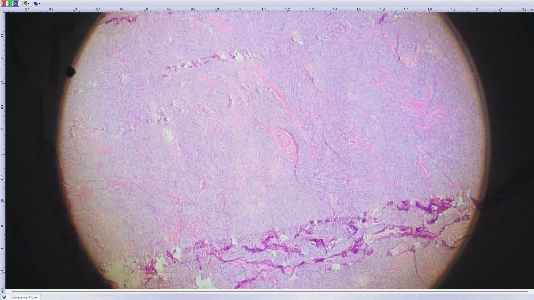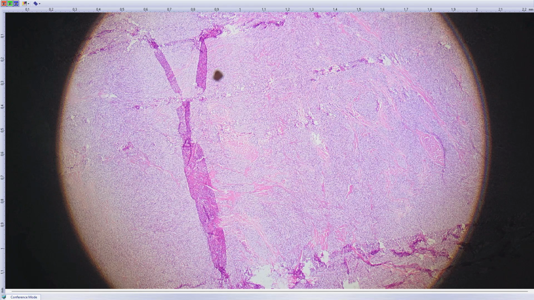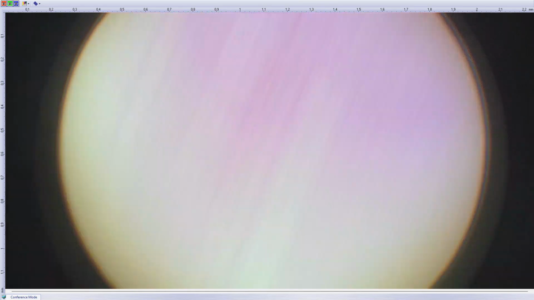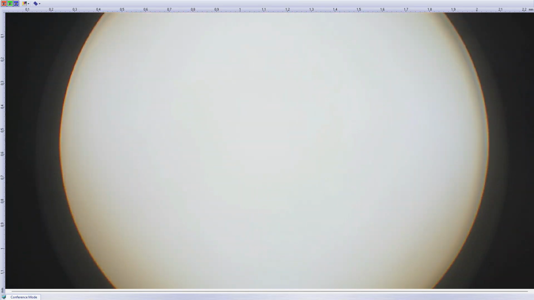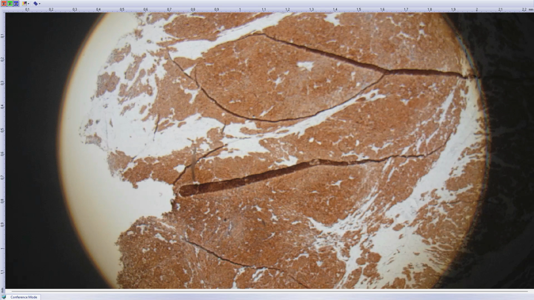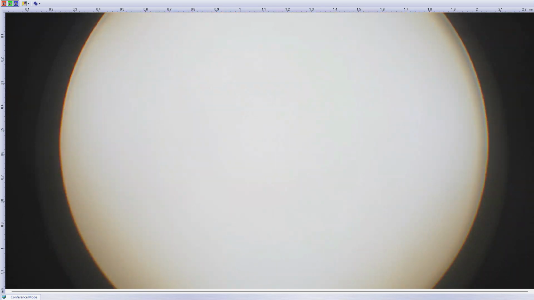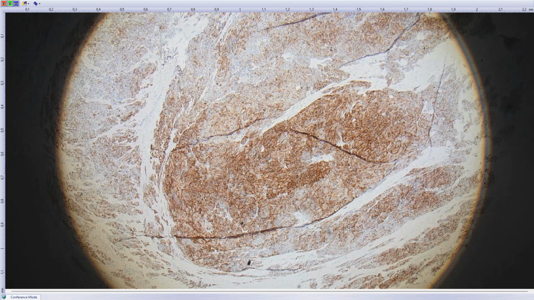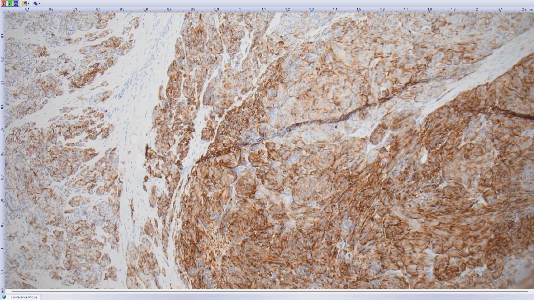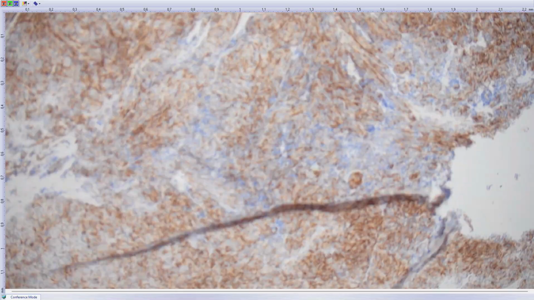So again here, I wasn't thinking of cellular blue nevus, but I thought clear cell sarcoma or just some very uniform looking melanoma. S100 is diffusely positive, every cell is positive. SOX10 the same, HNB45 again, not all cells, but most cells are positive.